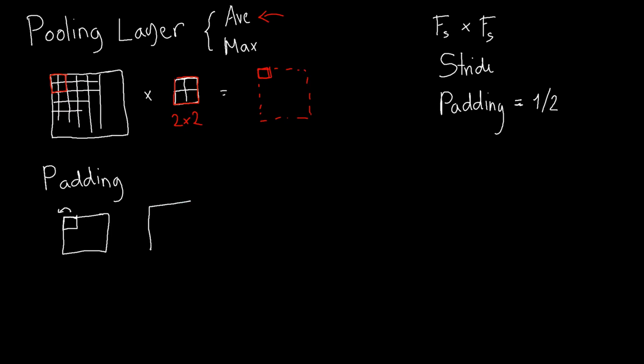The padding creates new values around our image, and this allows us to have our filter here, maybe, instead of starting the filter here.